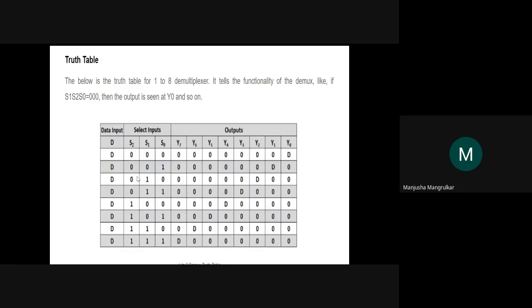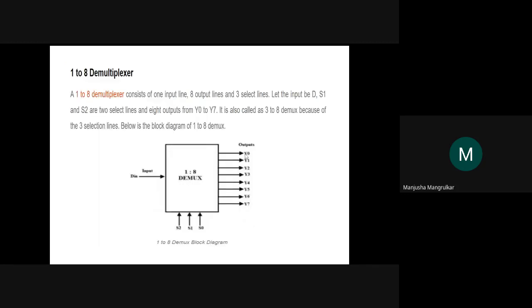Now we'll see the truth table. This is the data input D, this is your 3 selector lines, and these are your outputs Y0, Y1, Y2, Y3, Y4, Y5, Y6, Y7.